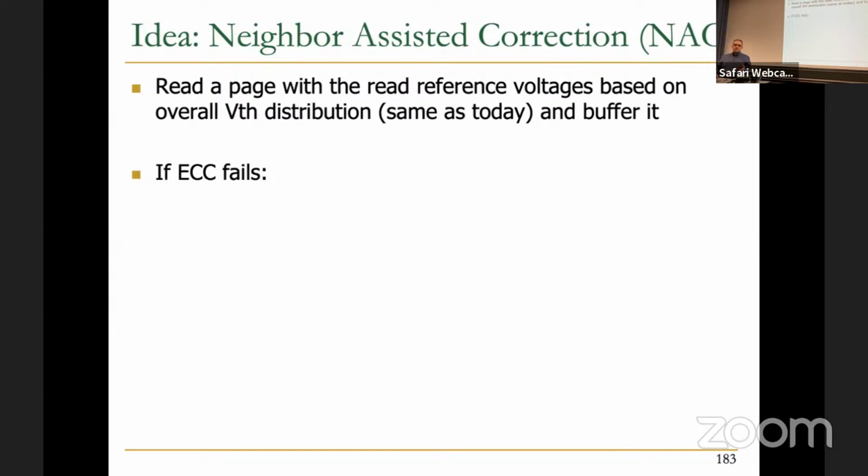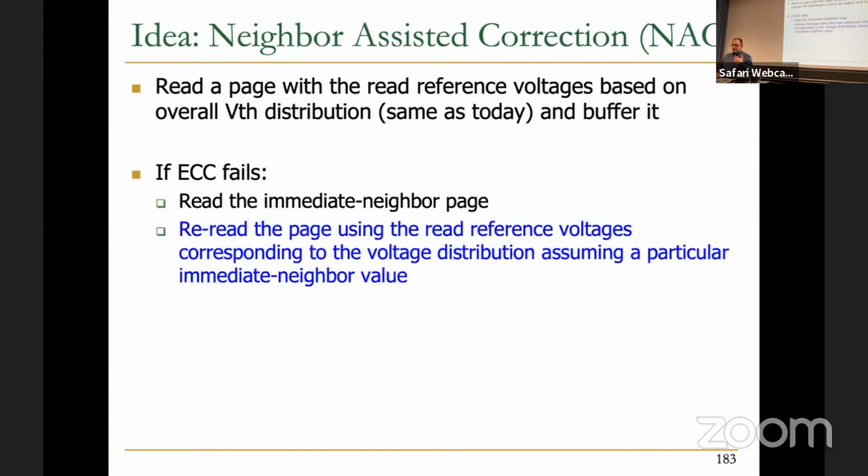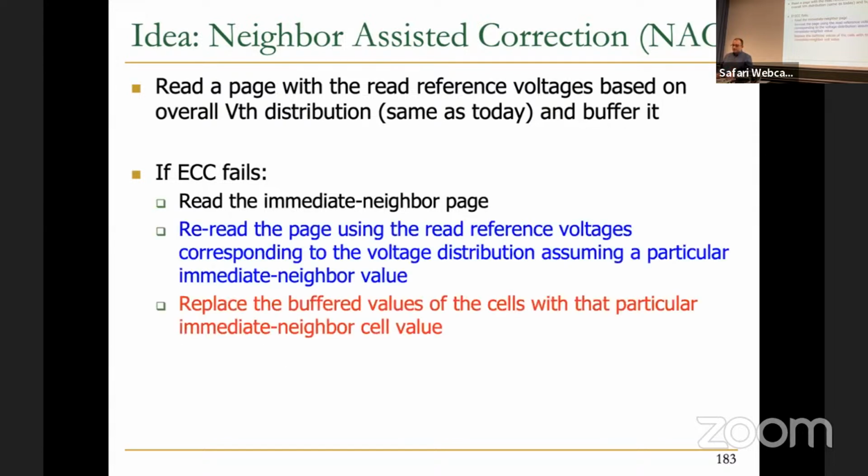We access our flash memory and read with the optimum reference voltage that we come up with from our models. If ECC succeeds, then everything is good. But if ECC fails, we try to read the immediate neighbor page. So we read that, and then we try to reread the page using the neighboring values that we have.